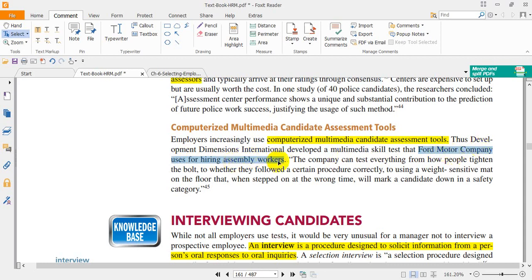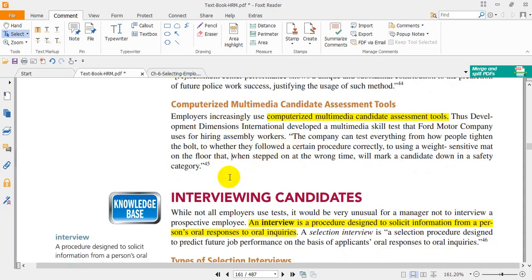The company can test everything in this type of test, from how people tighten the bolt to whether they followed a certain procedure correctly, to using a weight-sensitive mat on the floor. Everything the employer assesses depends on the type of job that we need to hire for.